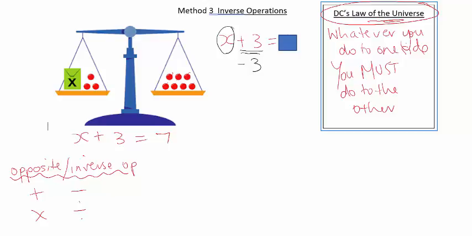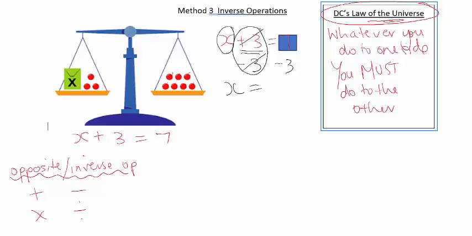So whatever I do to one side, I must do to the other. So you see that? If you just look at this side, can you see that if I have $3 and I took $3 away, I'm going to end up cancelling them out? I've got nothing left there. So on this side of the sum, I only have x.